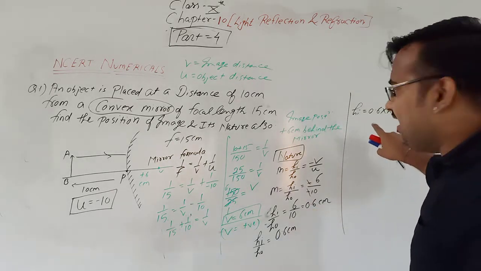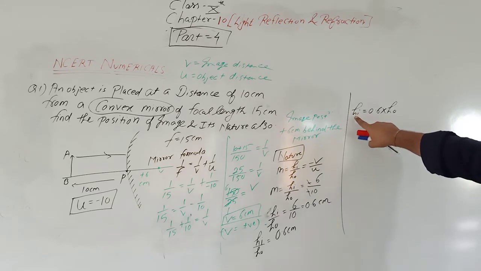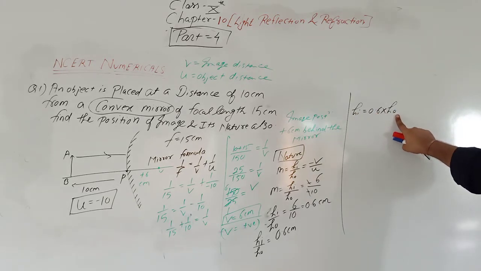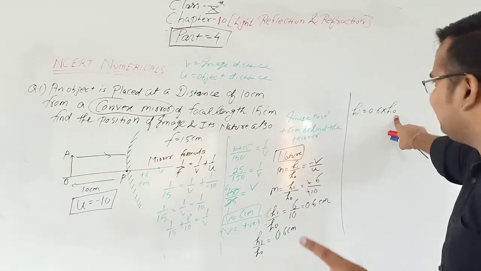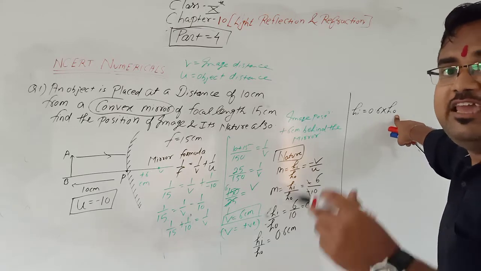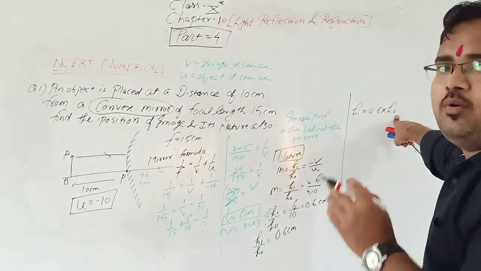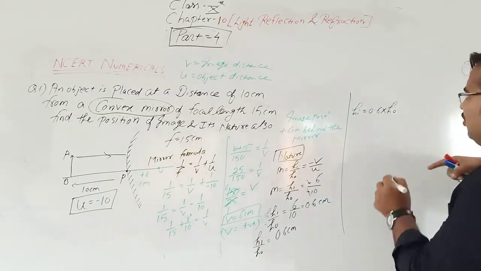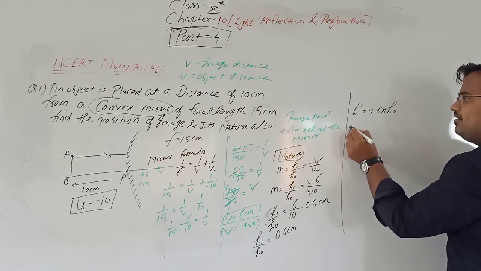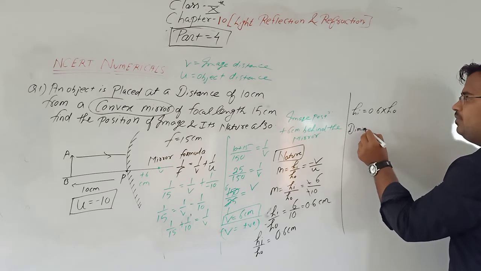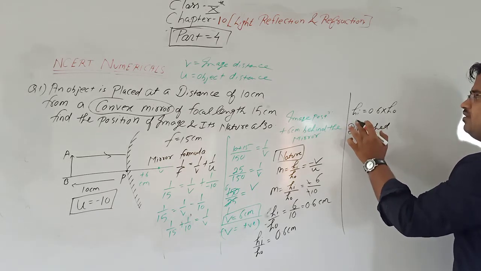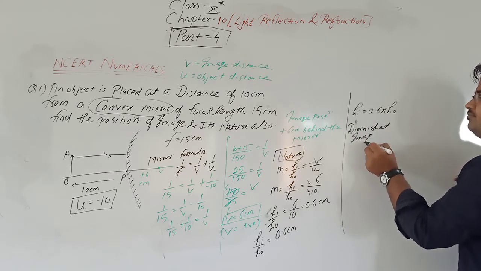Now we can clearly see the height of image is 0.6 times the height of the object. That means the image is smaller than the object. So we can write: a diminished image is formed. What is the nature of the image? Diminished image is formed.